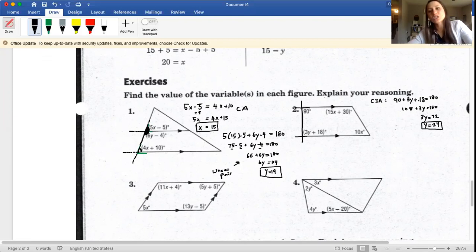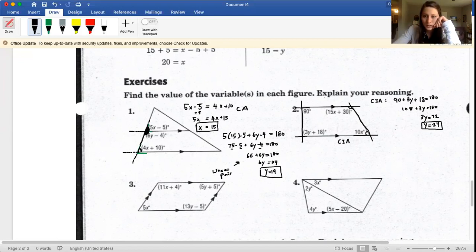Now I need to use another set of angle relationships to figure out this pair here. I've got these two parallel lines. This would be my transversal. And so what's the relationship between these two? Again, I have consecutive interior angles.